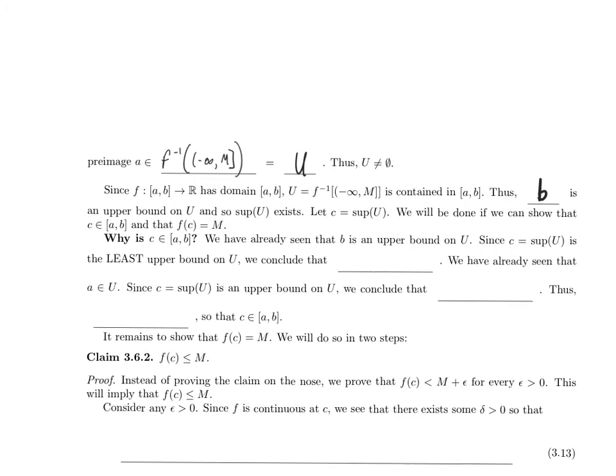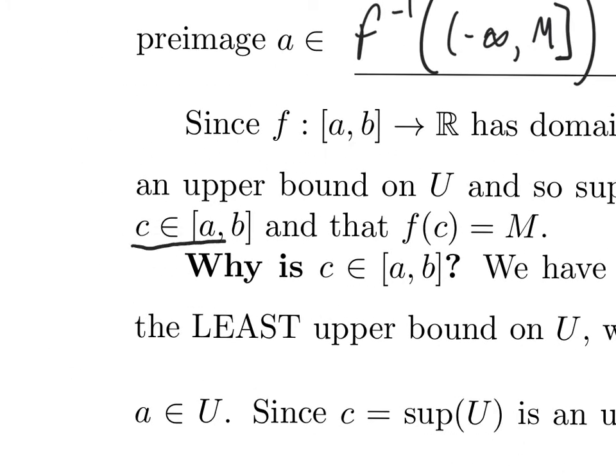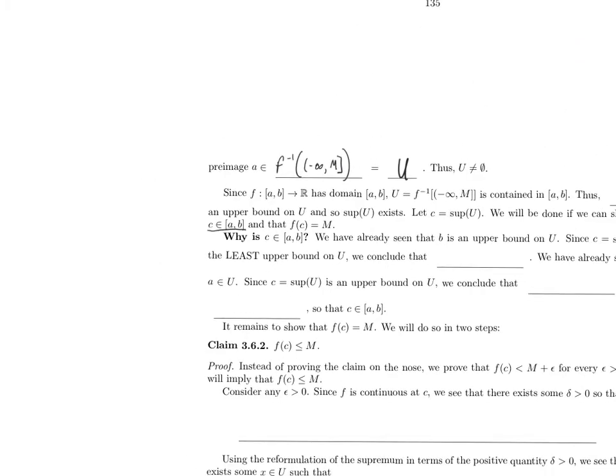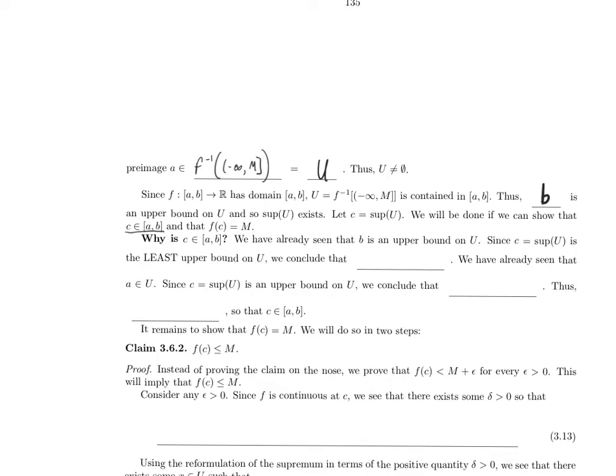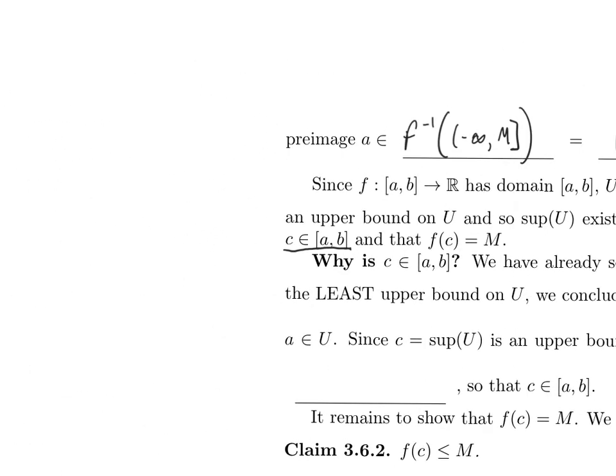We will be done. So let's let C be the supremum of U. I want to show that C is in the interval from a to b and f of C is equal to m. And one of those will be pretty obvious, I think. Let's show that C is in the interval from a to b. So what do we have right now? So why is C in the interval from a to b?